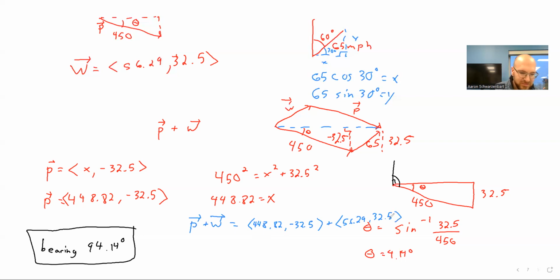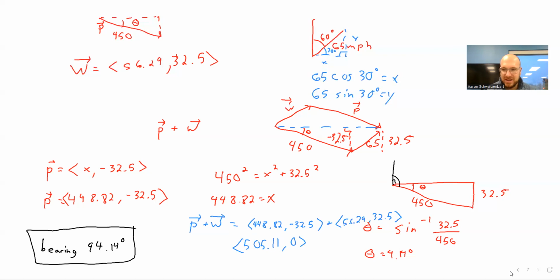Y's go to 0. Add my x's, and I get 505.11. That's my magnitude. My vector is 0. Because it's perfectly horizontal, my x component is my magnitude.